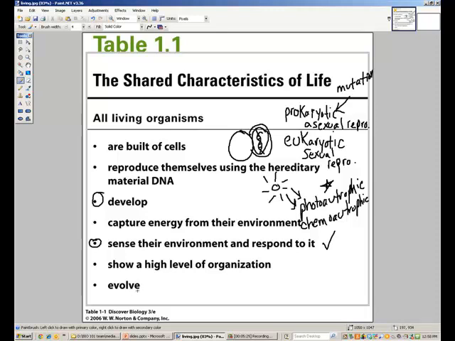And then the last one would be to evolve, and evolution is simply change over time. We're going to talk about different ways this happens later in the course, but of course this evolution is using the DNA molecule. We have all these organisms on Earth, and some of them are more similar to one another than others. One of the ways we can classify organisms is by understanding the sequences inside the organism's genome.